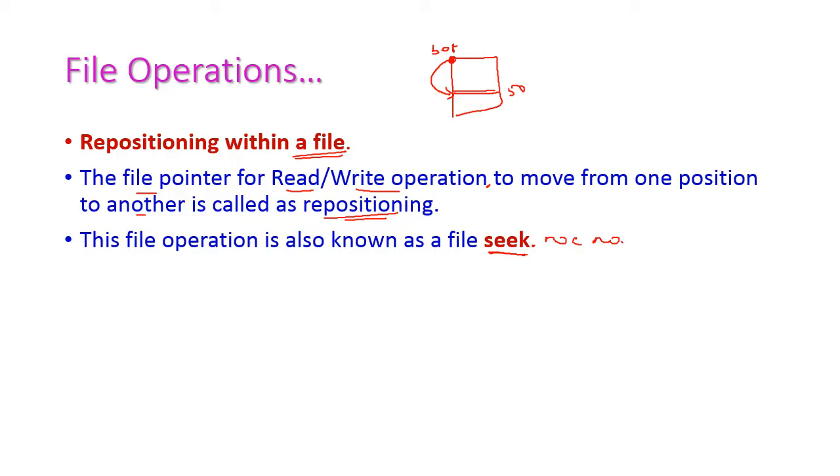If it is a write operation, normally the write will take place at the end of the file, but if in between we need to write something, we have to reposition the write pointer to the required position, then we can perform the write operation. This is called repositioning. To reposition we can use the system call called seek, seek record number.